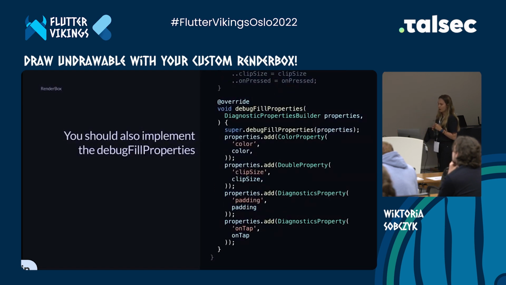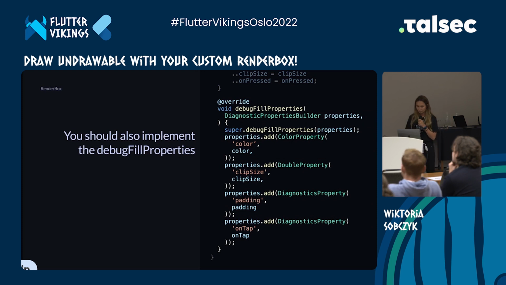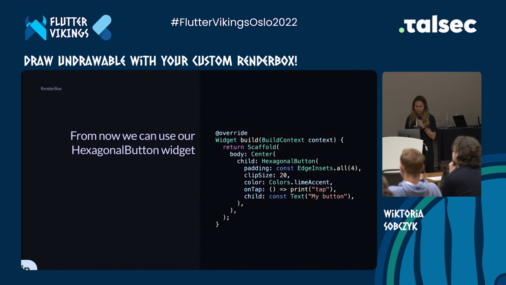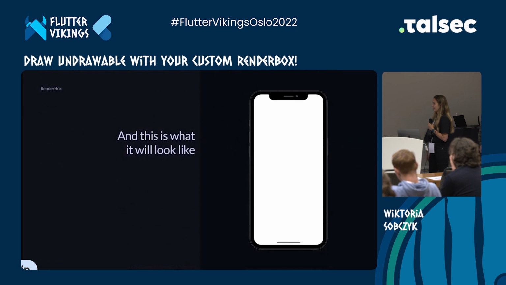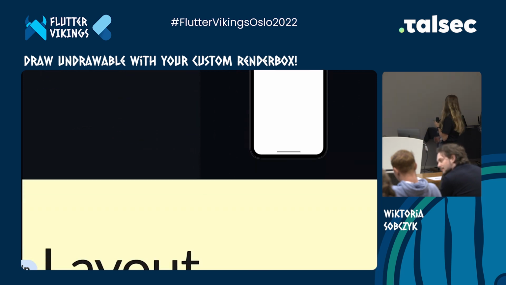Also, we should think about overriding the debug fill properties method. It will be really important when we want to debug our custom render box. And from now, we can use our hexagonal button widget as a typical widget. But let's take a look at our telephone, and it's like we don't have anything.